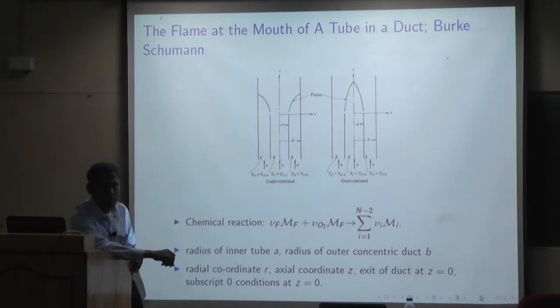In the central part the mass fraction of fuel will be 1, and in the annular part the mass fraction of oxidizer will be 1. You are looking at a pure fuel, yes. But then it depends on the nu_F and the nu_O2, correct?